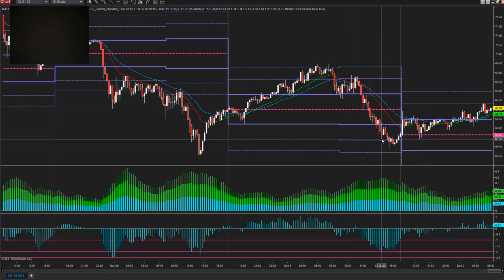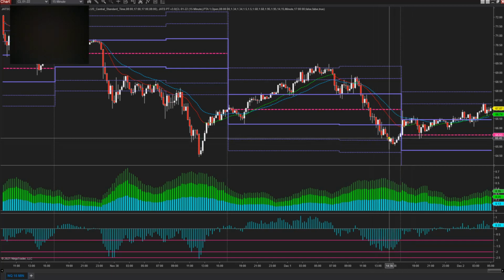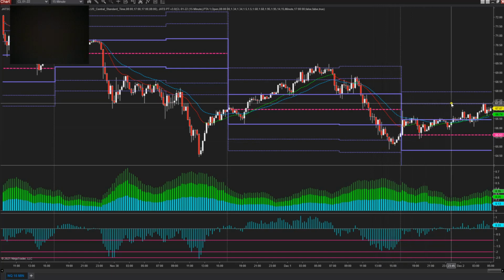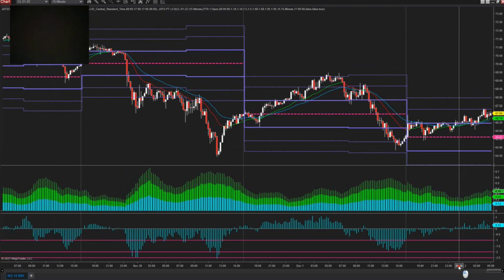So you can marry another system with this, and then that will give you a confluence area that you can use as a very high probability pivot. And I think that would be a good combination to have, actually. Infinity with this PT system or the spot gamma. I think both of them would work very well with this.